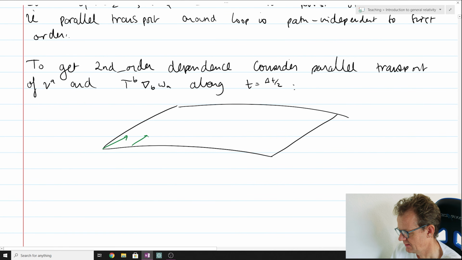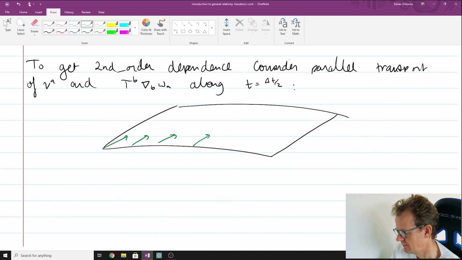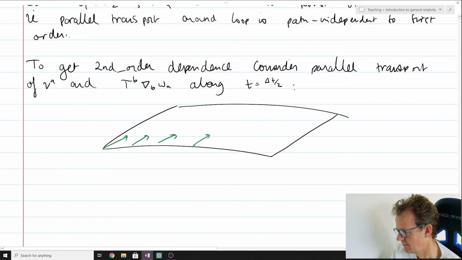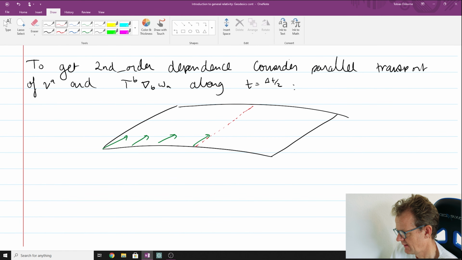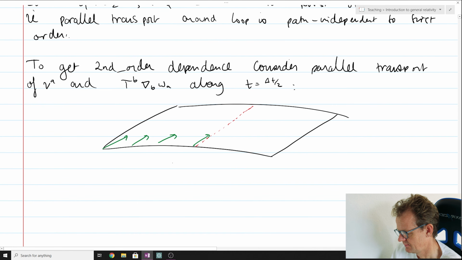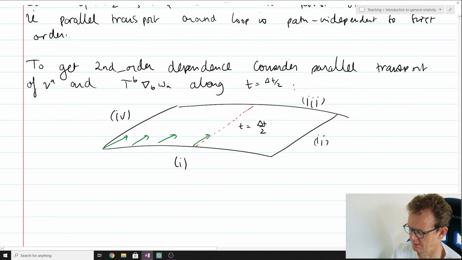So here's our vector v that we've parallel transported up to the midpoint. And now we're going to parallel transport along this dotted line here. And this dotted line is the curve t is delta t over 2, not delta t.